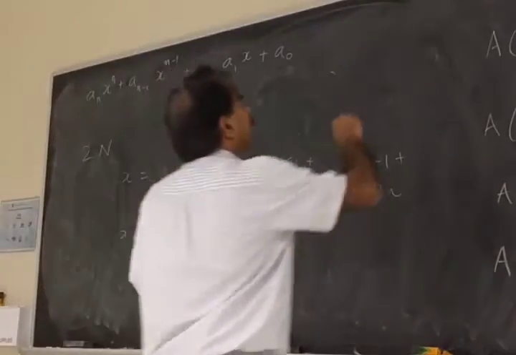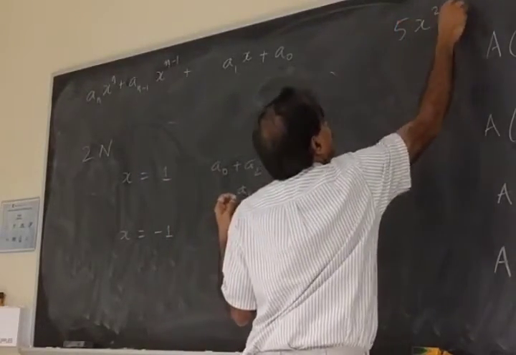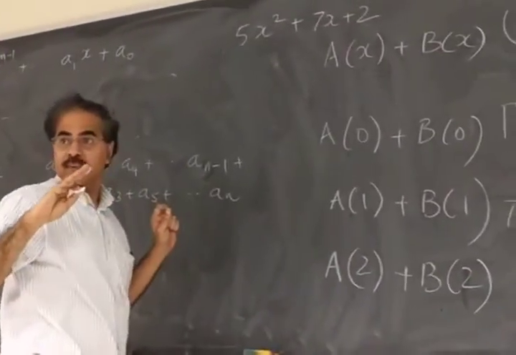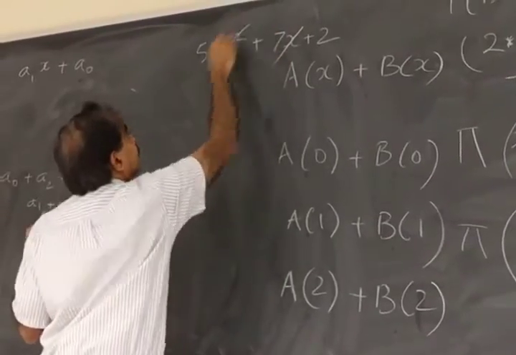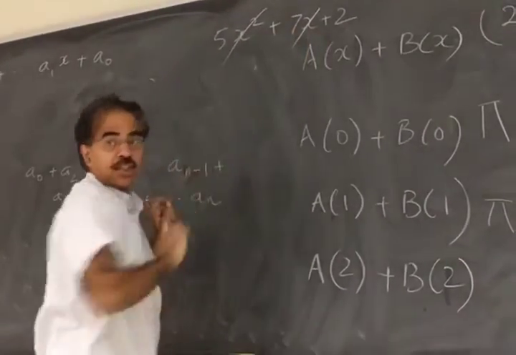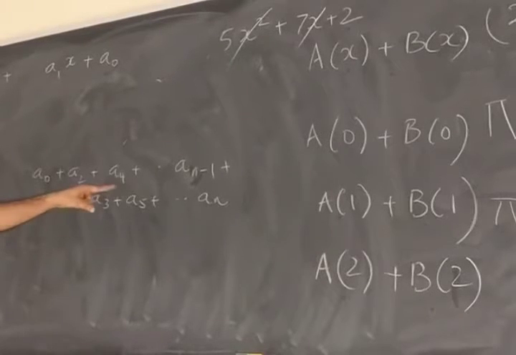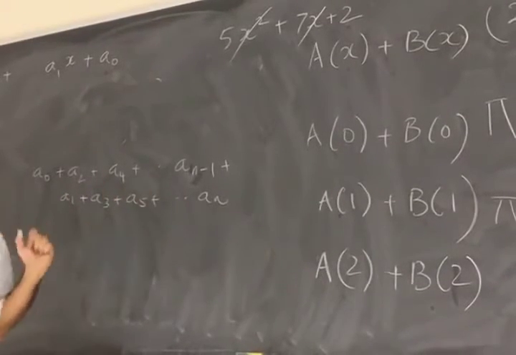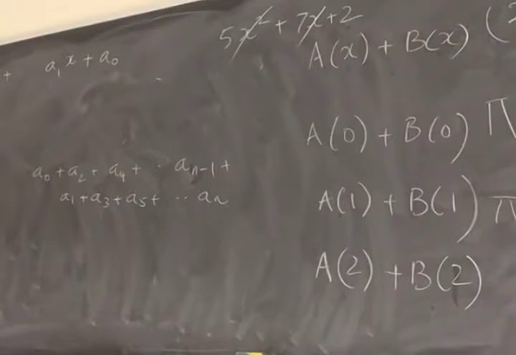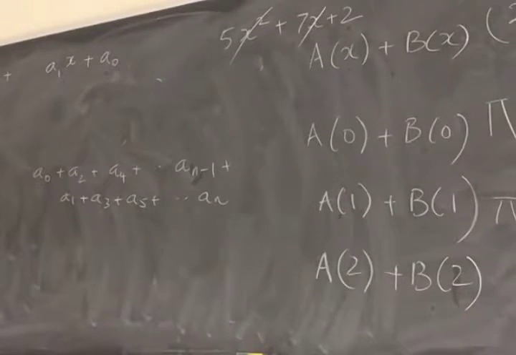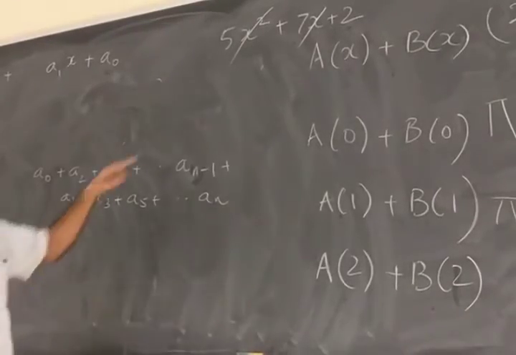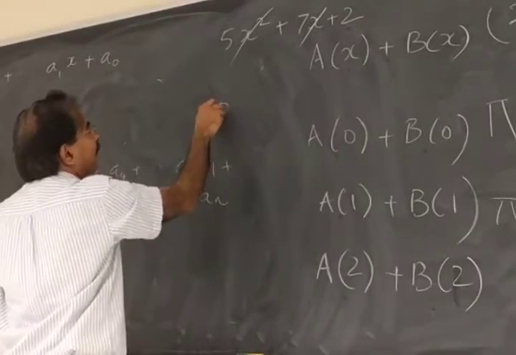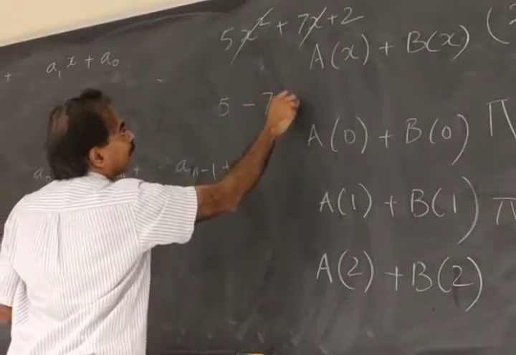So if I have 5x squared plus 7x plus 2, and I want to evaluate this at x equal to 1, then I can just remove all the x's, and it will become 5 plus 7 plus 2. So that's what I have done here. The value of the polynomial at x equal to 1 is simply the sum of all the coefficients. At x equal to -1, this will become 5 minus 7 plus 2.